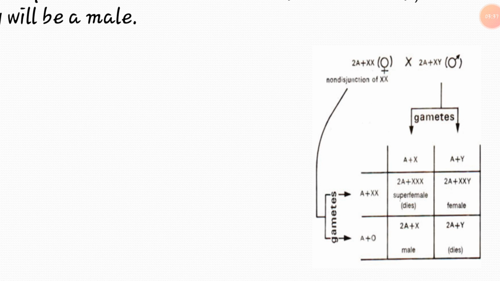Then the male has 1 X chromosome and a diploid set of autosomes. When the Y chromosome is present with a diploid autosome set, that fly will die. And with 3 X chromosomes, that super female also dies. So the remaining gametes fuse with each other, with non-disjunction, and form the male and female organisms of the fruit fly.